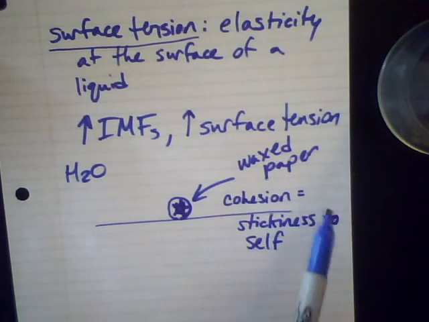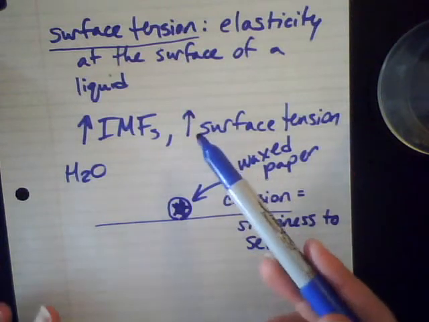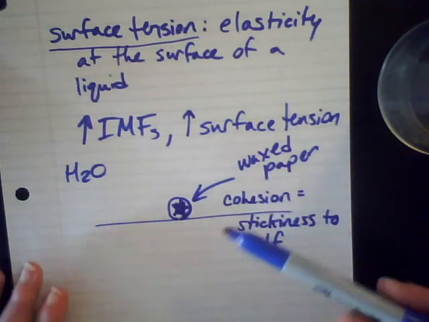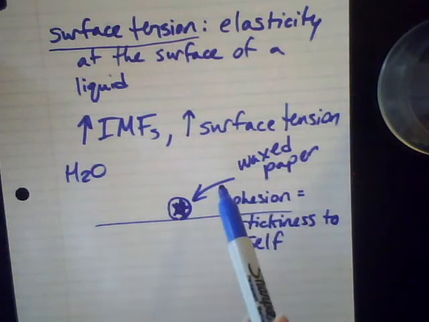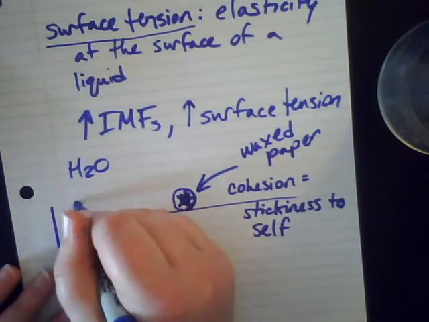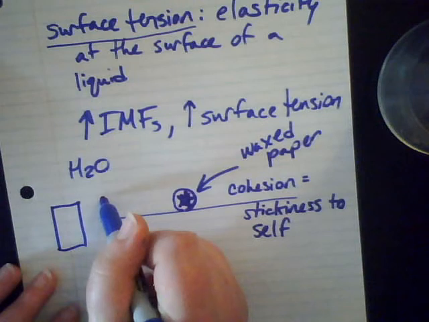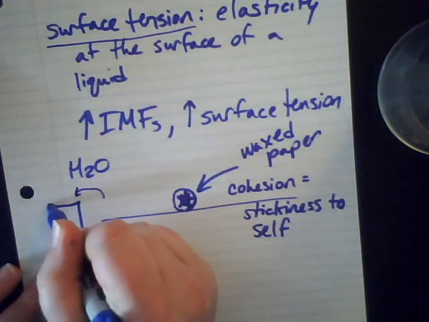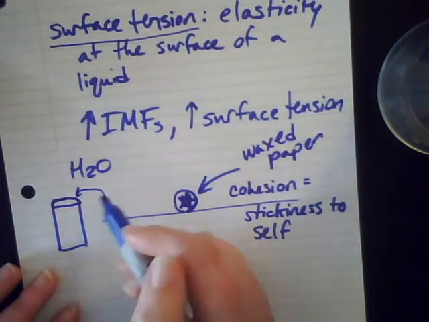And high cohesion leads to high surface tension, and this is part of the reason that it hurts so badly when you belly flop into a pool, right? You belly flop into the pool and then your whole body is red because you had to break the surface tension. This is also the reason if you have a glass of water, so here's my glass, and then you pour your water into it, you can fill it to the point where the water comes over the level of the glass, right?